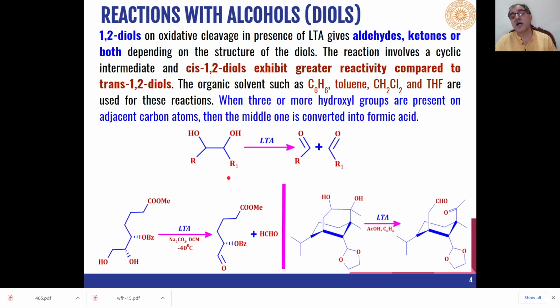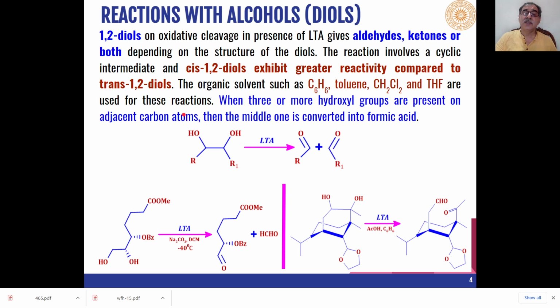So we can either get two aldehydes, two ketones, or a mixture of aldehyde and ketone through oxidative cleavage of the glycol using lead tetraacetate. And here it has been found that cis-1,2-diols are more reactive as compared to trans-1,2-diols.